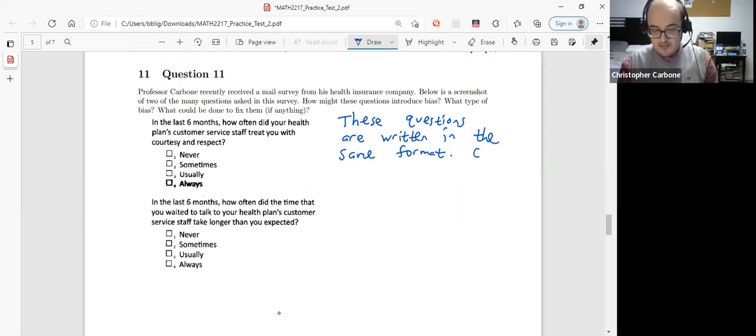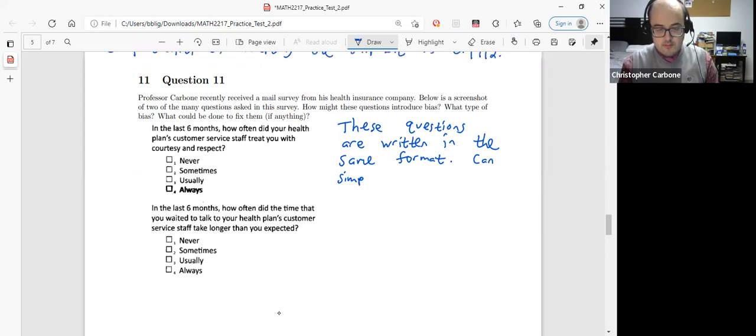So you can simply select the same answer without reading.